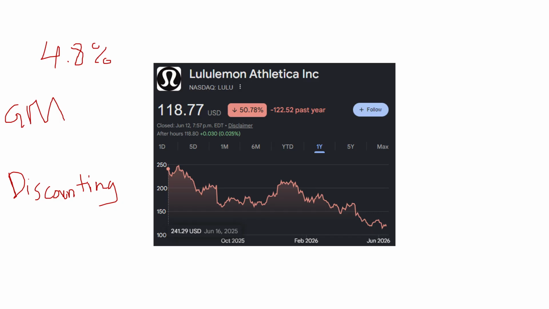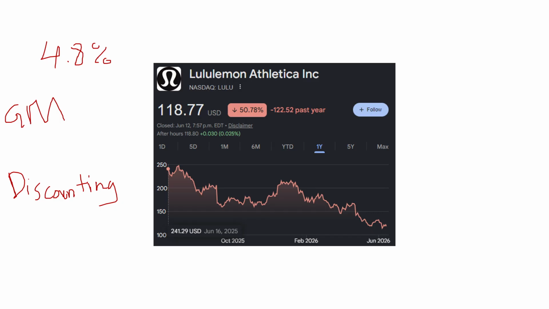So what that means is that when the consumer perceives your brand, for example Lululemon, as always having sales, they slowly begin to refuse to buy your products at full price. They're always waiting for the sales or some kind of discount.